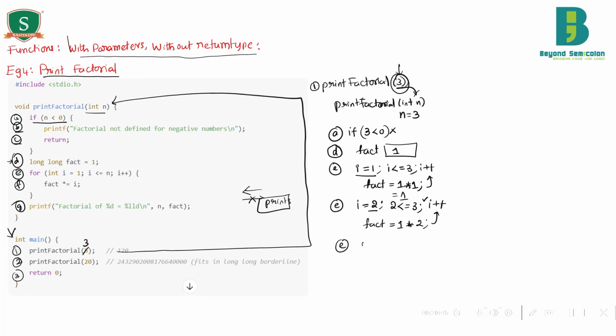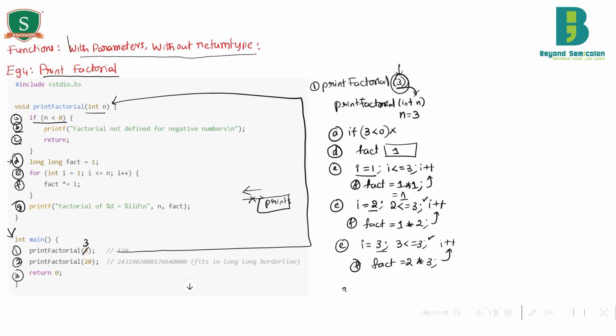So E statement gets executed again, I value is updated to 3, less than or equal to 3, the condition is successful, goes to the F statement. Of course I did not mention here, F statement. Factorial is equal to, already factorial value is 2 multiplied by I value is 3 and gets updated I plus plus.